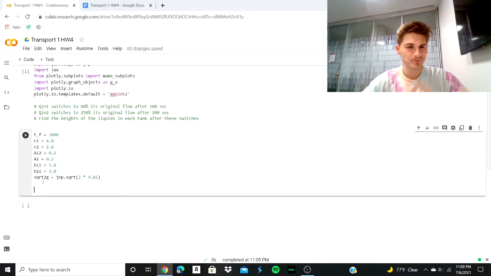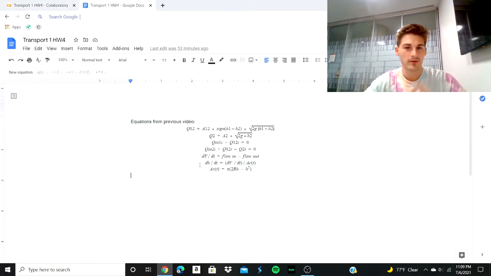And so of course we need to start off by finding the initial flow rates, because we need to know the initial flow rate to find what 80% of the initial flow rate is, and of course the same for the second inlet. So we can make use of the initial steady state equations that we've defined over here.